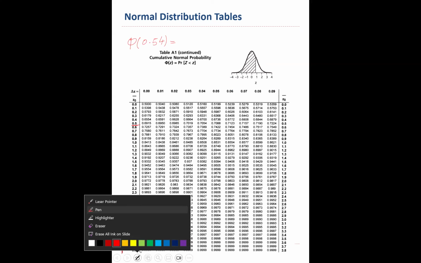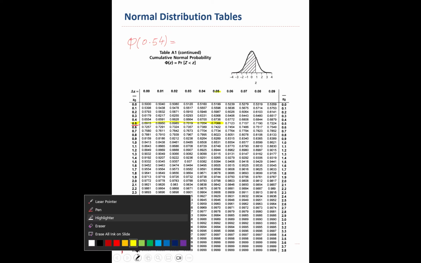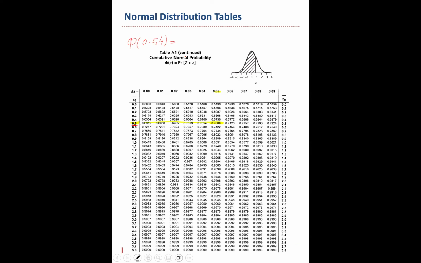The 0.5 value is here, and the second digit is somewhere here. So I will trace up to here, and this is the probability at the value 0.54.